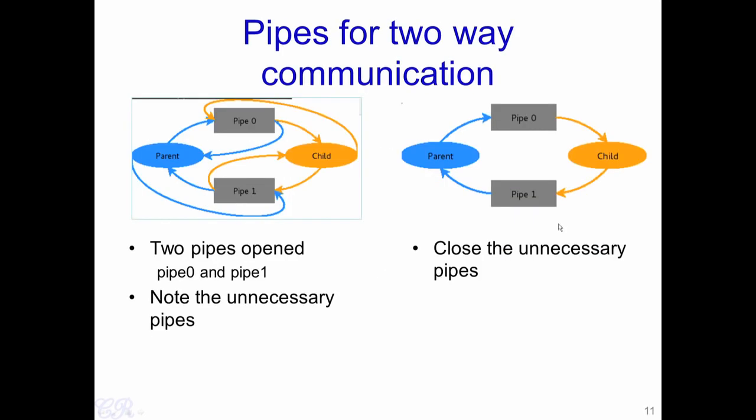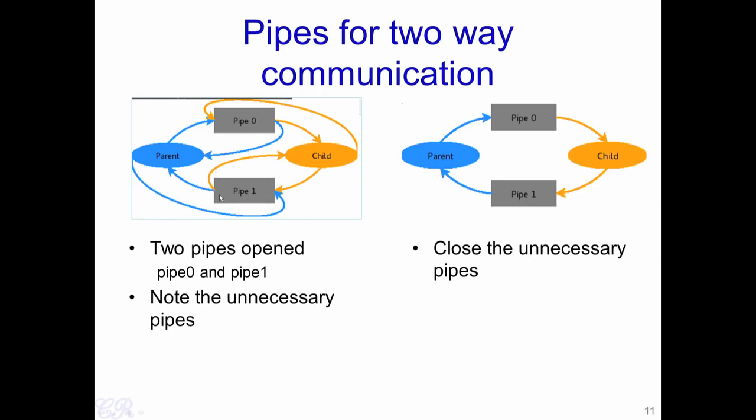So ft1 is exclusively used to write to the pipe buffer, while ft0 is used to read from the pipe buffer. So, in order to obtain two-way communication between the parent and the child, we would require two pipes to be opened, pipe 0 and pipe 1. So, when pipe 0 is opened, it would create two file descriptors, one to write into pipe 0 and the other one to read from pipe 0.